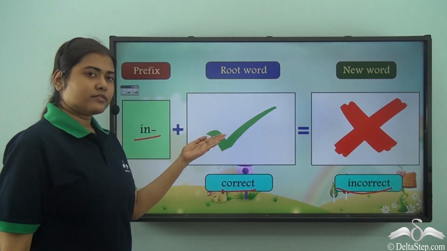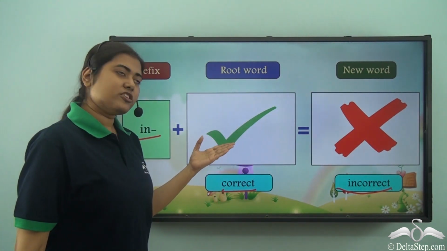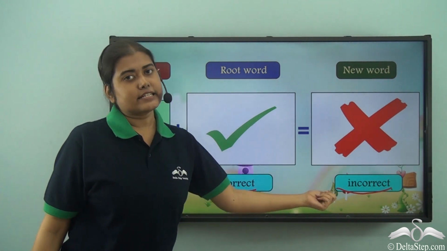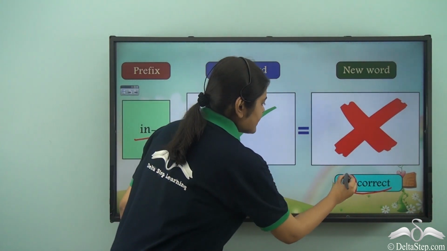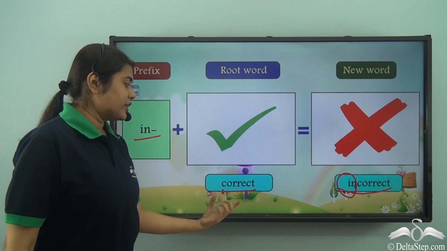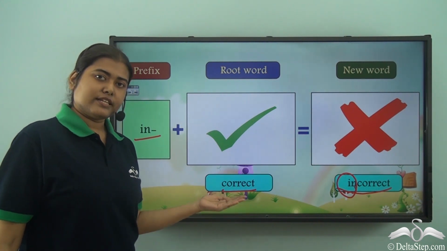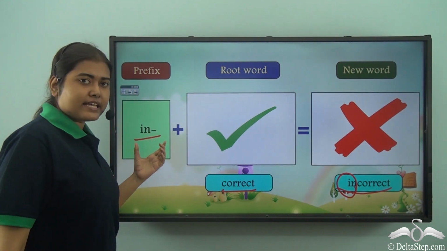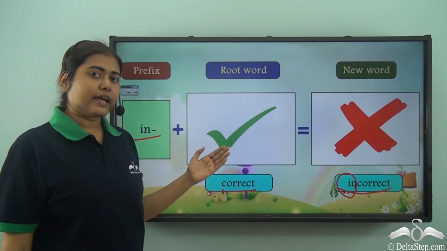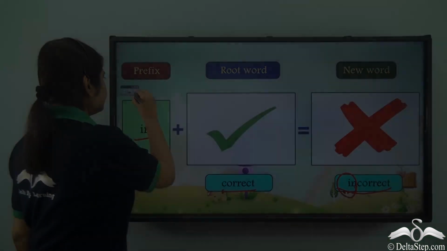So, the opposite of right is wrong. Similarly, the opposite of correct is incorrect. So, here in is actually giving us the antonym of the word correct. So, this way the prefix in can be used at times with certain words to make their antonyms.